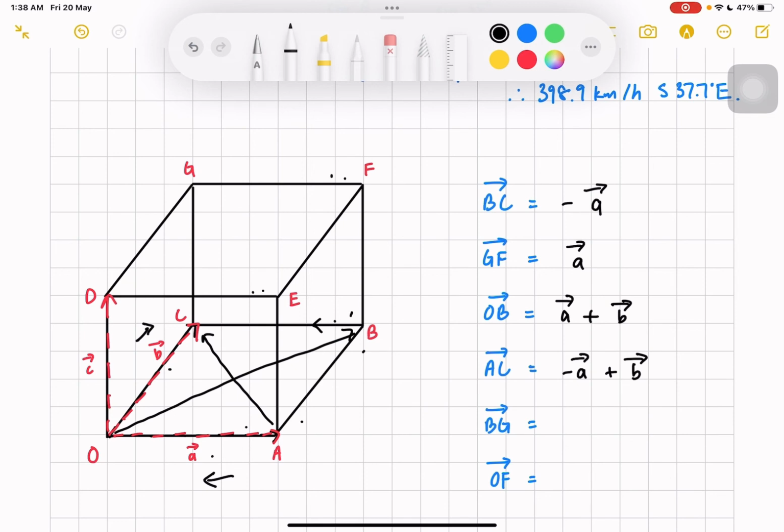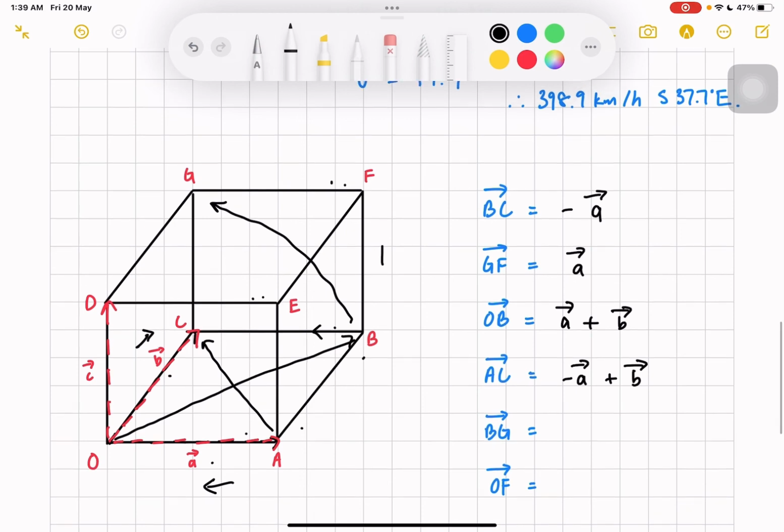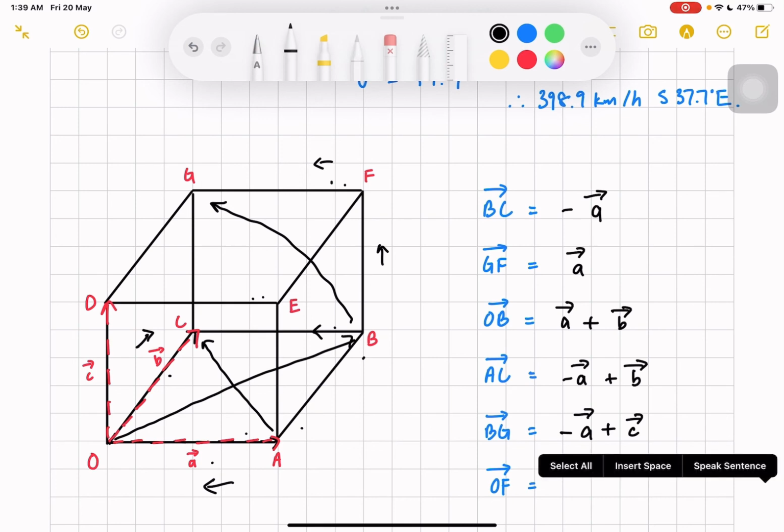So from here to here. Again, we have to add probably two vectors together. Well, we can go up first and go backwards on vector A. So it is negative vector A plus vector C. Or we can always write vector C first minus vector A.